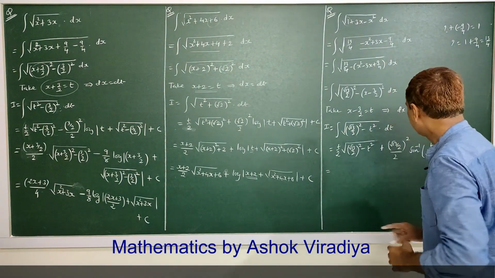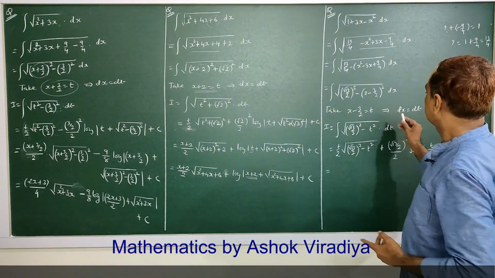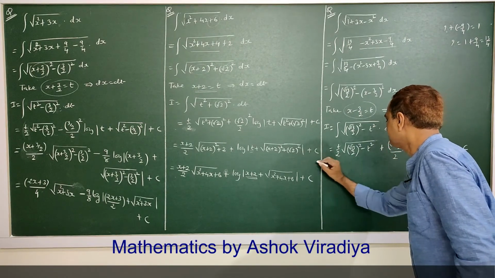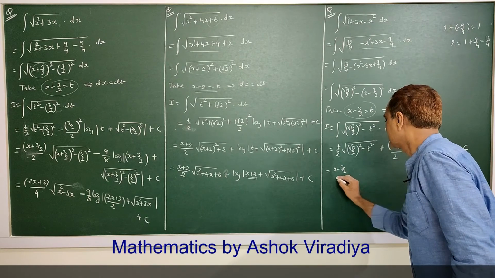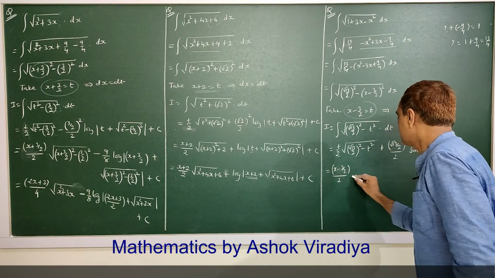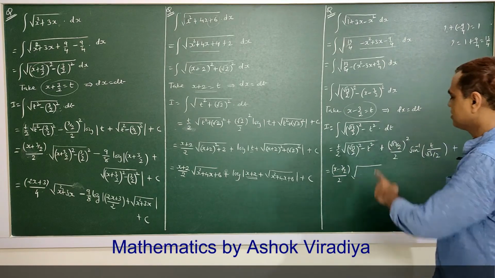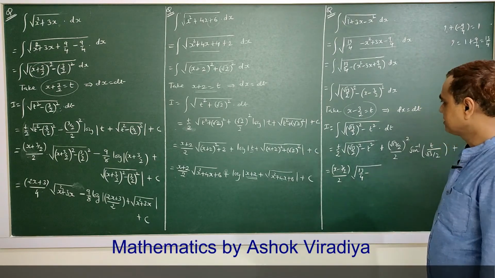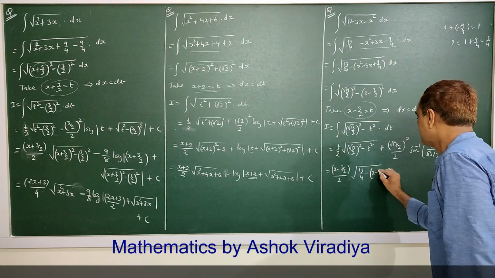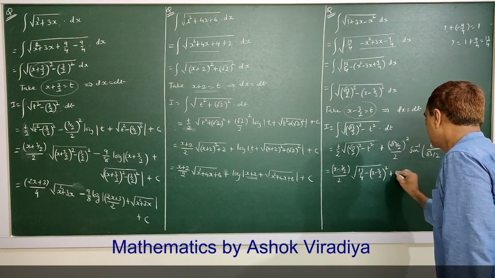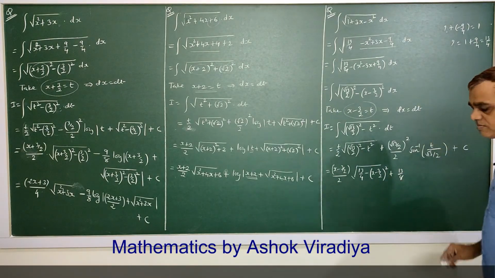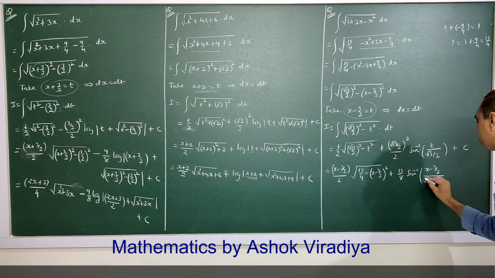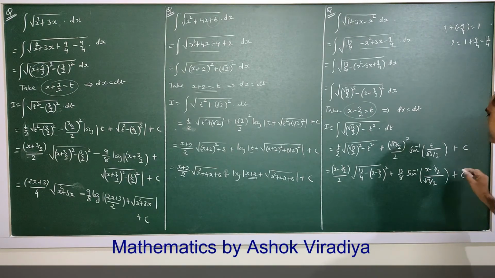So now putting the value of t, which is x minus 3 by 2. So here x minus 3 by 2 times square root of (root 13 by 2) square, that is 13 by 4, minus t, which is (x minus 3 by 2) whole square, plus 13 by 8 sine inverse of x minus 3 by 2 upon root 13 by 2, plus c.